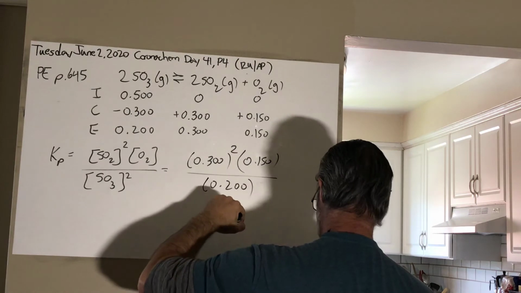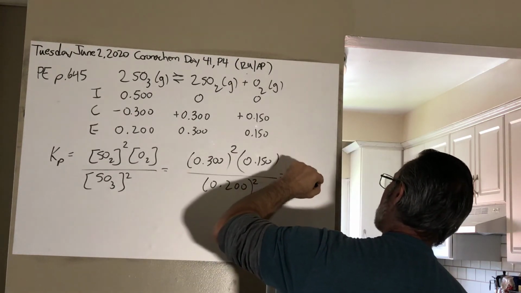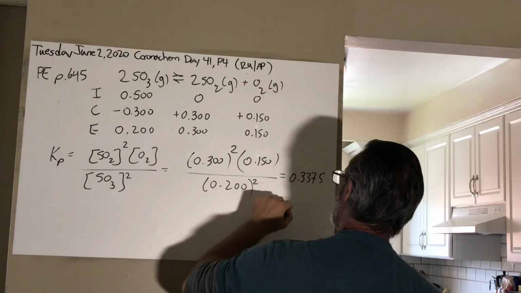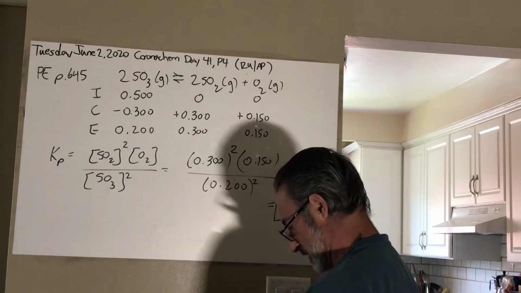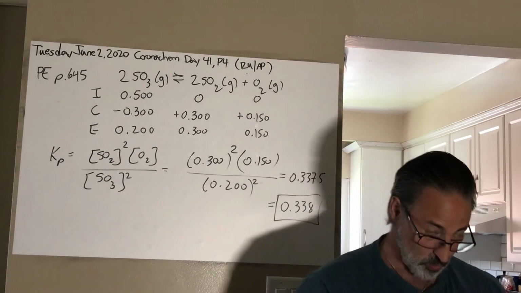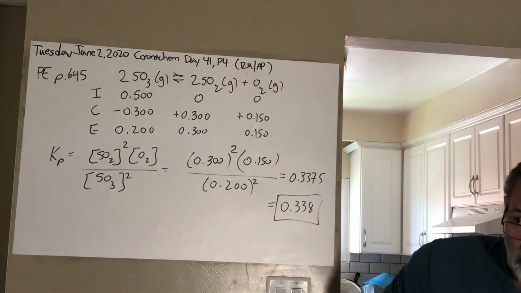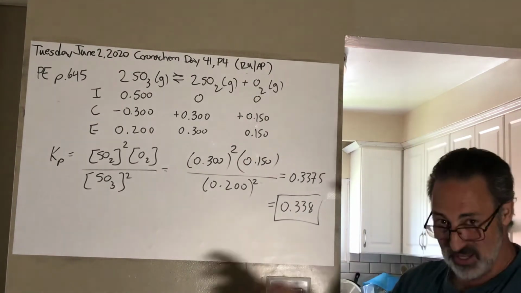Here are the numbers once you plug them in, and you get 0.3375. And then you're only allowed 3 sig figs, so it ends up being 0.338. Now you get a quantity called the reaction quotient, where you can determine which way the reaction is going to head based on the initial concentrations.